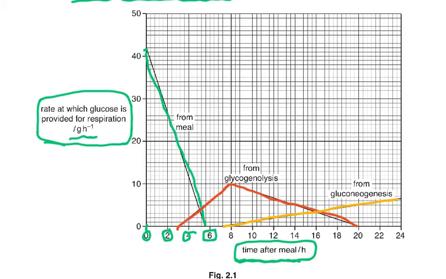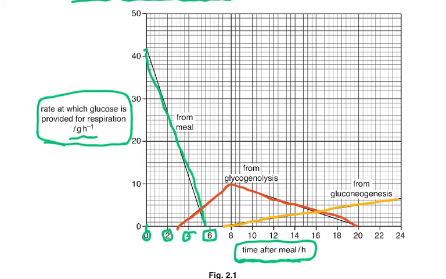So you need to look at the graph very carefully, and then explain this to yourself, how from the meal at 0 hours it was 40 something, and now it is decreasing to 0 by about 5.5 hours. And then glycogenolysis increasing at about 3 hours, and then increases up to 8 hours, and then decreases. And gluconeogenesis starts at about 8 hours after the meal.